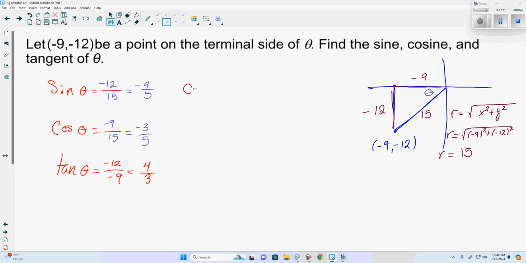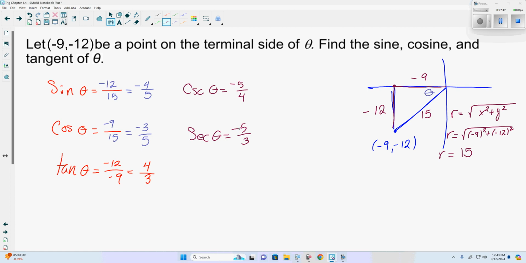If we wanted to know our cosecant of this, we would just flip sine. Because it's 1 over sine, so 1 over negative 4/5 would become negative 5/4.